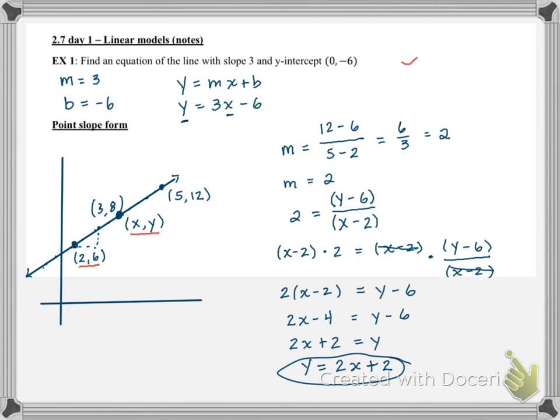So if we represent a point with variables, then we can say that this point represents every single solution on that graph. So every single point on that graph, which is what that x and y mean in the equation. Like every ordered pair, x, y on that graph has to make the equation true, right?